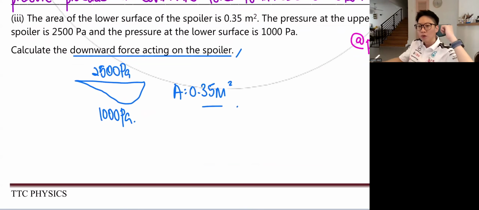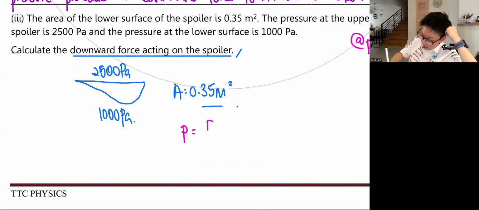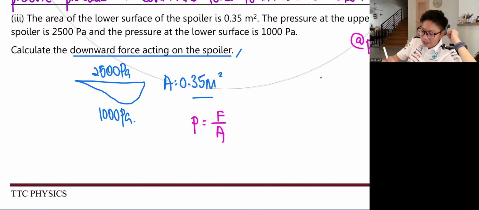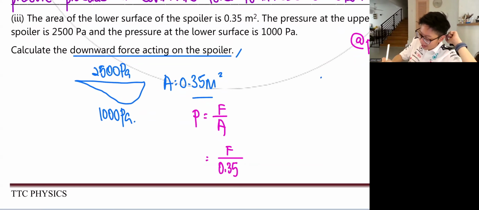So what we're going to do is P equals F over A. Okay, faster guys. So my area is 0.35. Can you tell me what is my pressure that I need to sub here? Do I put 1,000, or do I put 2,500? Which one, guys? Very confusing, you all.